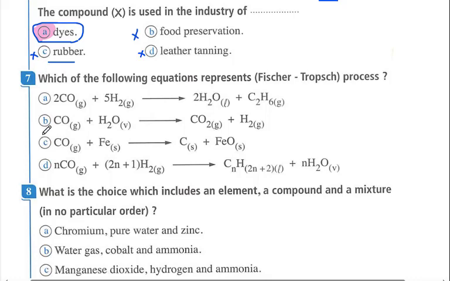So let's have another question. Which of the following equations represent the Fischer-Tropsch process? Fischer-Tropsch is one of the methods to prepare liquid fuel, liquid alkanes, from water gas, which is carbon monoxide and hydrogen. So carbon monoxide and water is not correct. Carbon monoxide and iron is not correct.